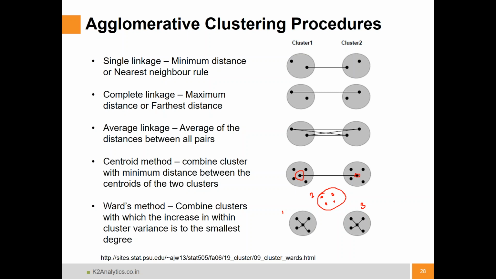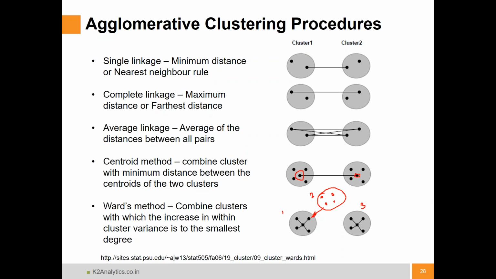What is variance? Now, if I got these 3 clusters, and I merge this cluster with this cluster, till my iterations were going on, this set was more homogeneous by itself, this was more homogeneous by itself, and this was more homogeneous by itself. Now, the moment I merge them, the homogeneity will decrease, because the other cluster has certain attributes, and I'm agglomerating this.